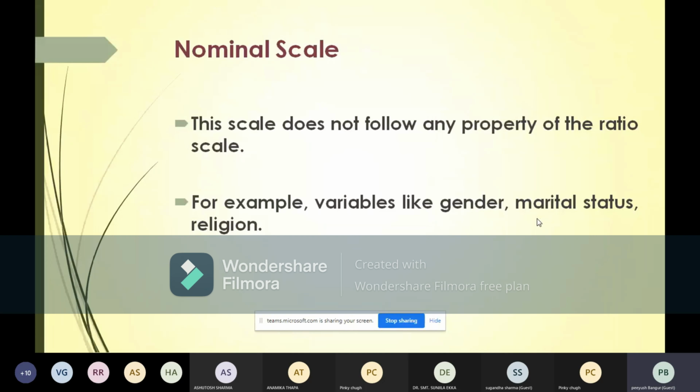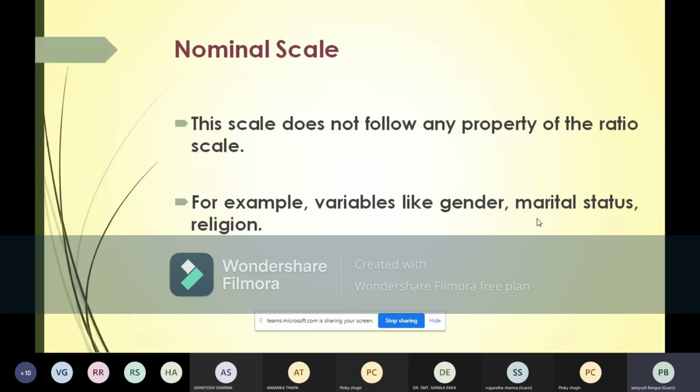Like religion, there are so many religions, so accordingly the researcher puts their own coding for their research. So the nominal scale generally comes under binary numbers or some type of coding, and it does not follow any property of the ratio scale.